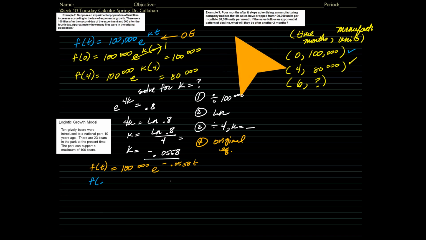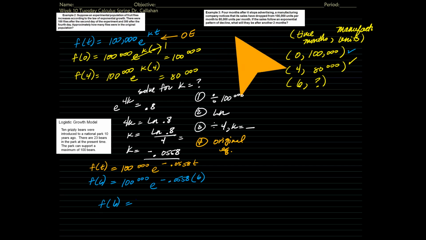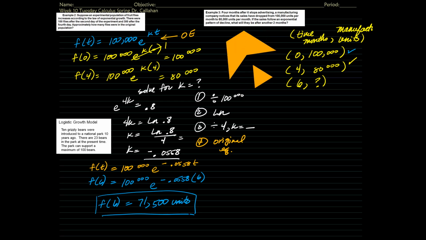So f of 6 is equal to 100,000 e to the negative 0.0558 times 6. You want to grab your calculator, plug that in, and you'll find out that f of 6 is equal to 71,500 units. And that is your answer.